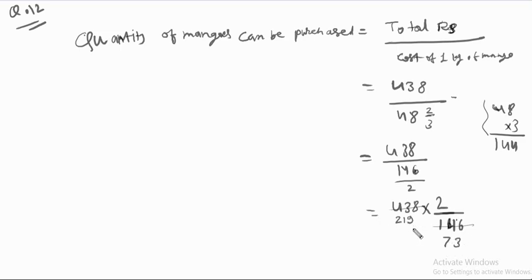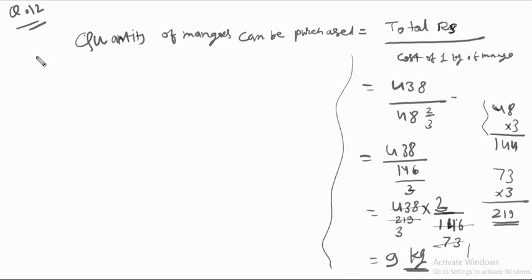So let us multiply directly: 73 by 3 will come 219, because it is a prime number, we cannot cut it by any other number. So 3 in the denominator, 3 3s are 9 kg of mangoes you can purchase in 438 rupees.